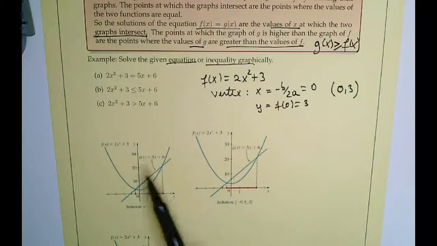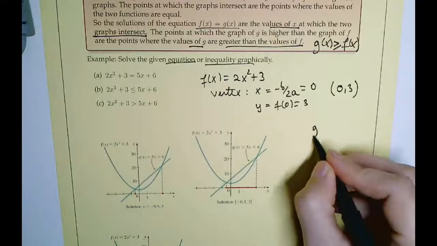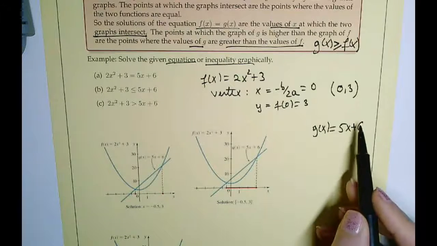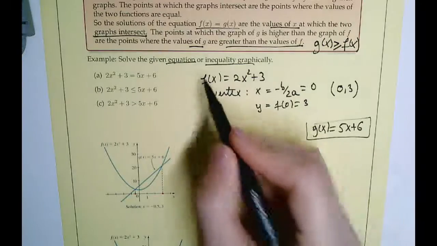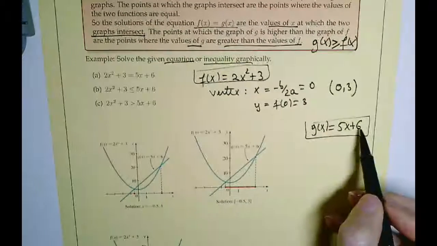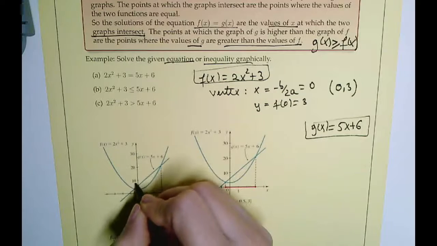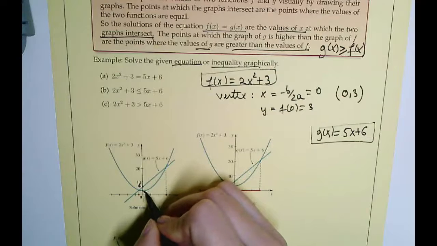So I have the parabola, and then 5x plus 6, my g of x, is just the line 5x plus 6. The y-intercept is 6, and then the slope is 5, so it's a line like this. So this is 6 right here. I have the parabola with the vertex at 3.